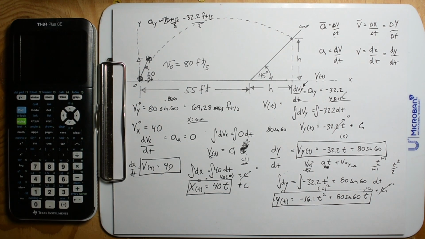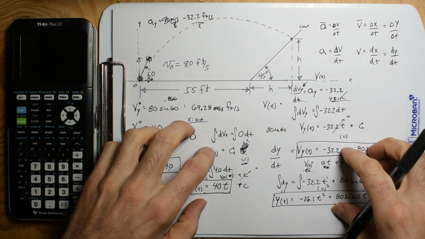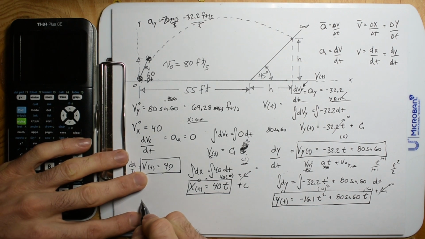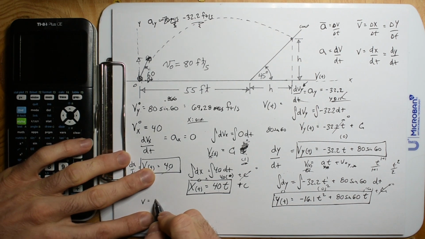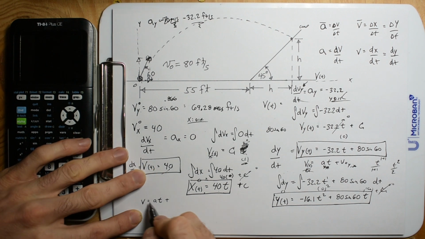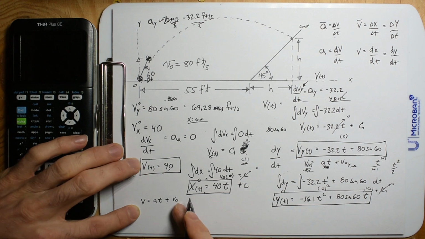Okay, so these are just the general equations for a projectile. We could have said that, generically, velocity is going to be acceleration times time plus velocity initial.